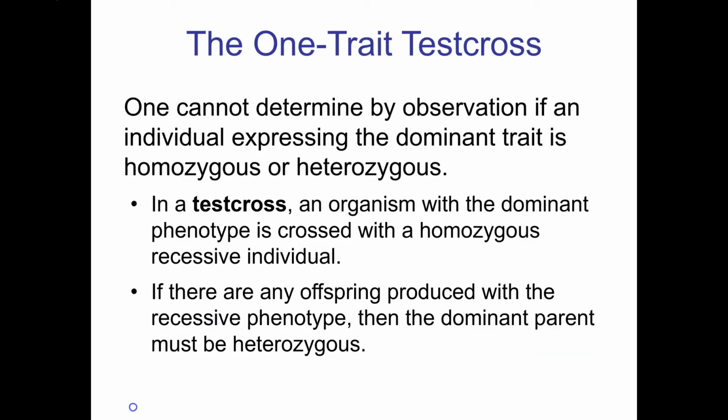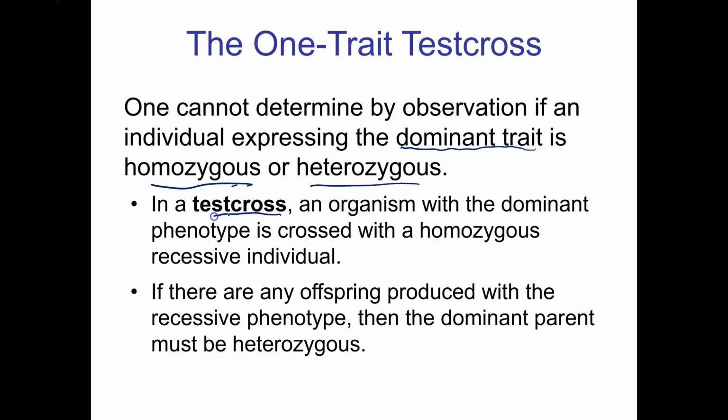A test cross is a cross between an organism that has a dominant characteristic and an organism that is homozygous recessive. You cannot determine just by looking at an organism with the dominant trait whether it is homozygous dominant or heterozygous.